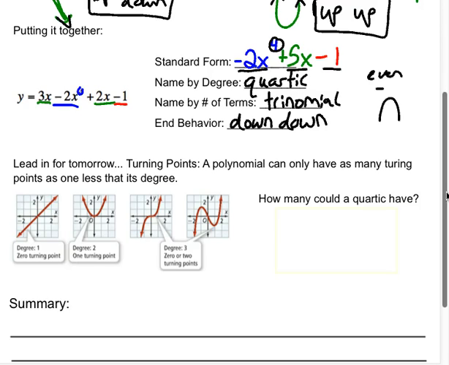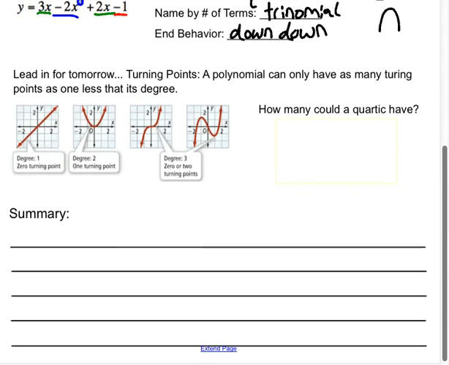All right, now a little flash forward for tomorrow. Tomorrow we're going to be talking about relative max and mins, okay? And the lead into this is the idea of turning points. So turning point is the same thing as a max or min. So basically what it's talking about are these points right here.